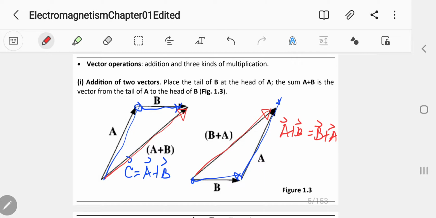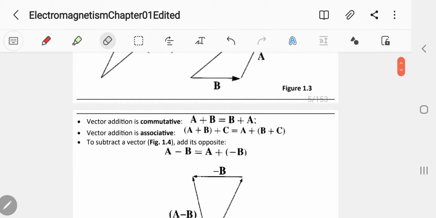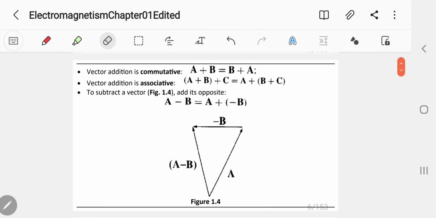In fact, this can also apply to any number of vectors. No matter the order in adding vectors, if you interchange the order, you get the same sum. So the sum of two vectors is commutative.